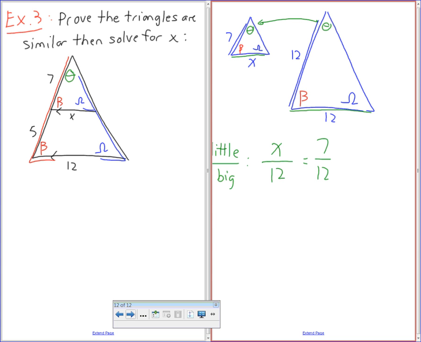That's the idea. So solving for x, how do I solve for x? It will be 7. So x equals 7 times 12 divided by 12, which equals 7.